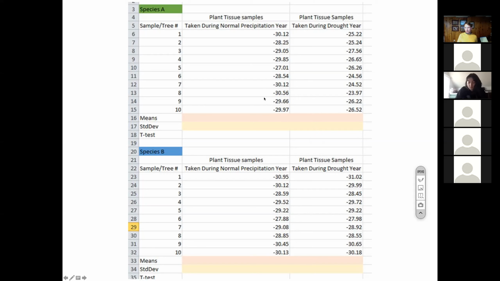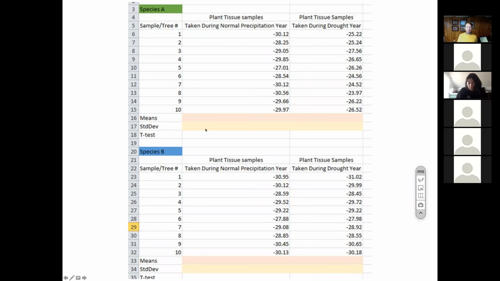This is species A. We're going to look at a paper today where they look at ponderosa pine in Montana and ponderosa pine in North Dakota.